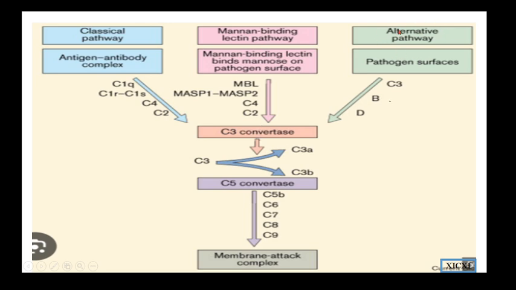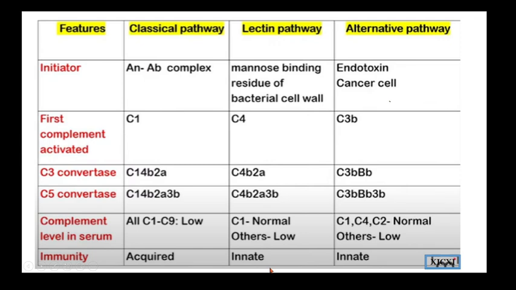Then in the alternative pathway, remember, it is C3b, Bb, and C3b again. This is the C3 convertase. Those are the enzymes. Now C5 convertase is very, very easy. You just add C3b. So after formation of this C5 convertase, we are going to form what we call the membrane attack complex.